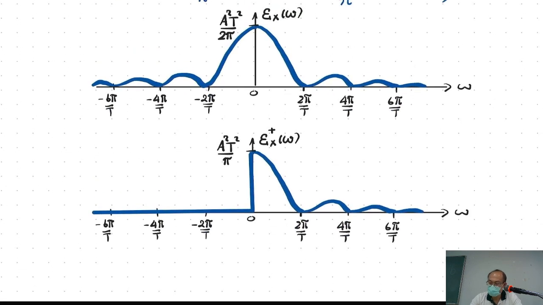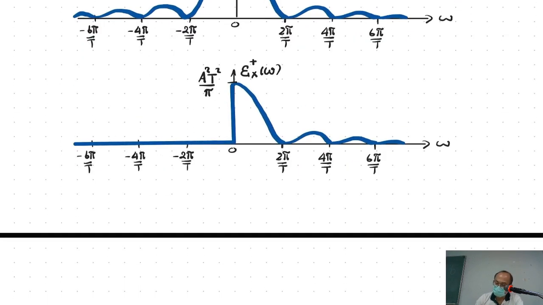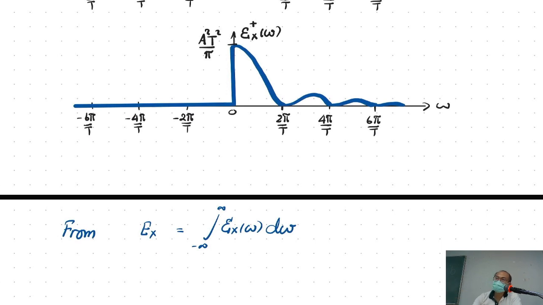Now, from the definition of E, from E_X equal to the integral from minus infinity to infinity of the ESD over omega. Now, the unit of energy is of course joules, right?